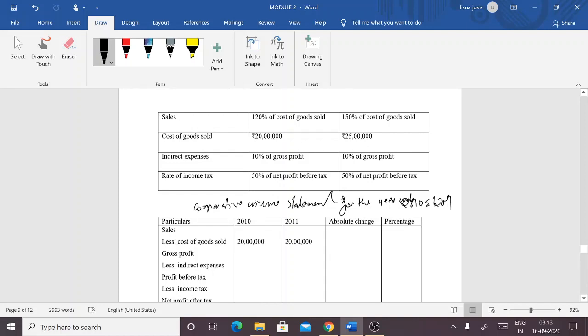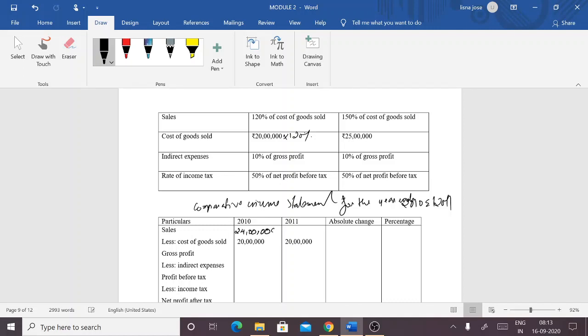So you need to calculate sales. The hint is given that it is 120% of the cost of goods sold. So cost of goods sold is 20 lakh, so 20 lakh into 120% gives the figure of sales, and that will be 24 lakh.